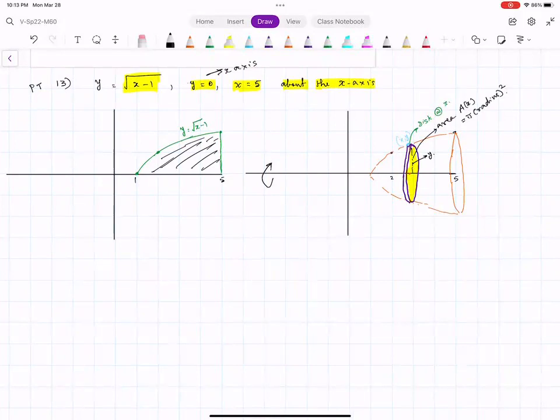You get a figure as shown on the right, and we are going to make a cross-section perpendicular to the x-axis, at a distance x from the origin. So the cross-section would look like a disk. So it's the disk method.